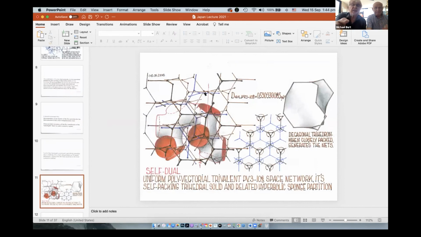One such network, trivalent, with 3 edges joining at every vertex, is a trivalent uniform network stretching to infinity. Its dual network is again the same network, which means it's a self-dual network.